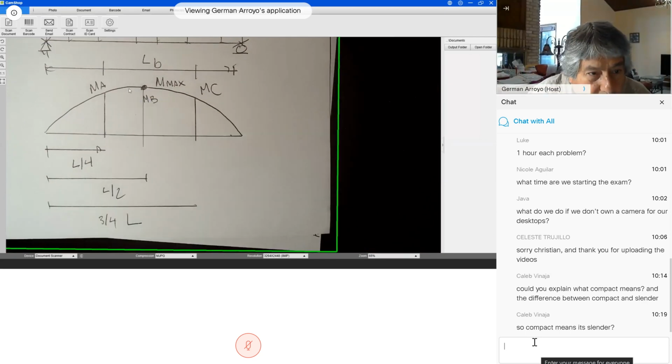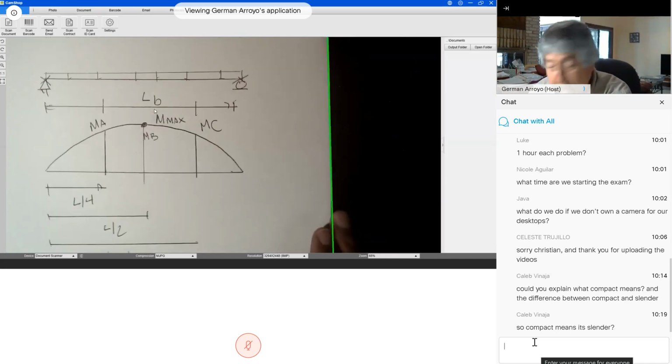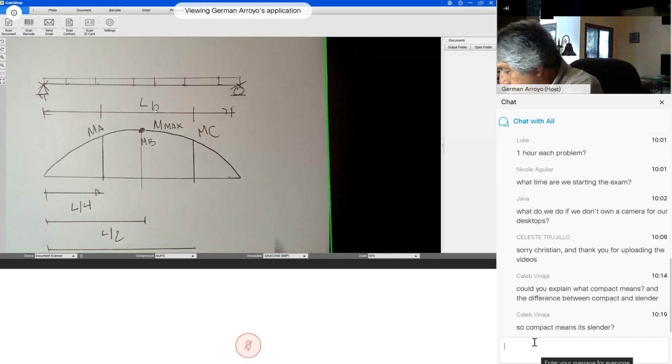So you have to compute the moment at 1/4 of the unbraced length, the moment at 1/2 of the unbraced length, and the moment at 3/4 of the unbraced length. So it's MA, MB, MC. It happens that in here, MB and M maximum are the same. And this is my cross section.